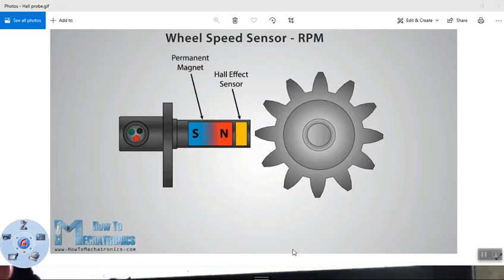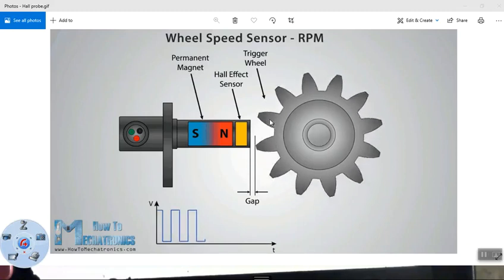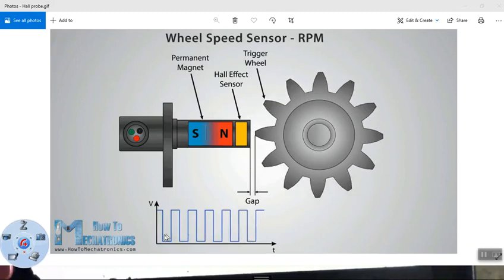So one of the applications of a Hall probe or a Hall sensor is something like this. Now it doesn't completely fit into what we're doing, but in a factory they can calculate the distance between things, and they can calculate the movement. So here is a gear that's moving, and they can calculate by using the different gaps.